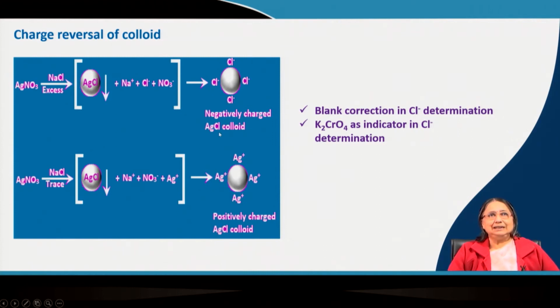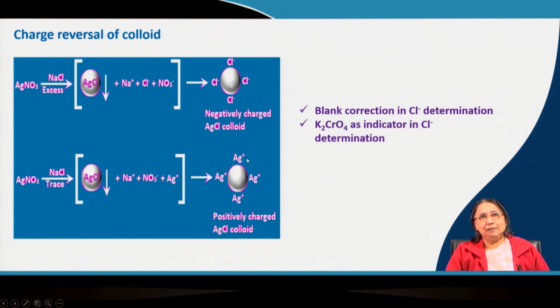Now, once it is obtained, what will happen here? If you remember the chloride ion determination, we use potassium chromate as the indicator, which is yellow in color. After the titration is over with sodium chloride taken in the conical flask, you have added excess silver nitrate. So now you get this type of colloid, a silver plus stabilized colloid.